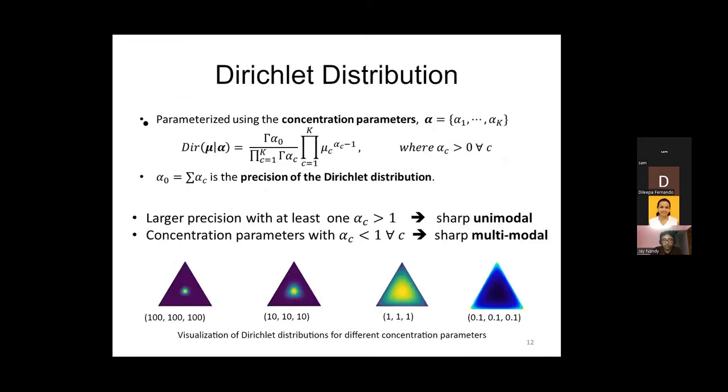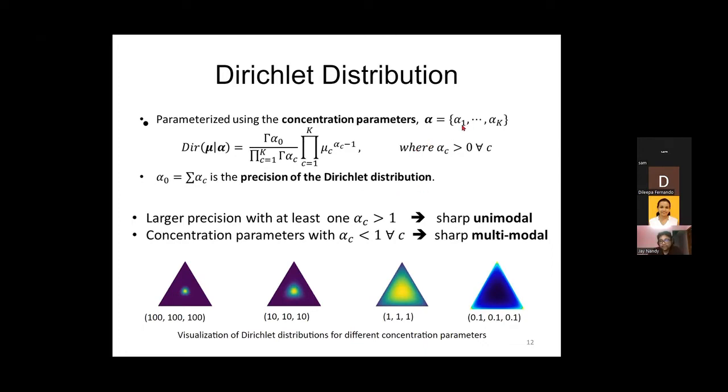Okay. So what is a Dirichlet distribution? Suppose we have a k-class classification model. Typically a neural network produces probability scores, right? All the outputs of the model should sum to 1, and the model should have one large value for the correct class and small values for the incorrect classes.